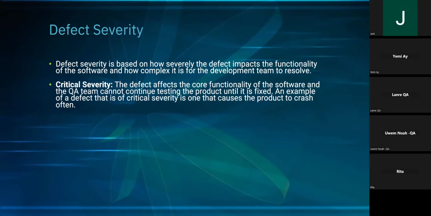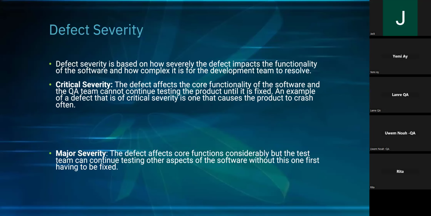An example is the one I gave you of the login, where you can't continue testing. Hence it is a blocker. Another example of a critical severity defect is one that causes the product to crash often.